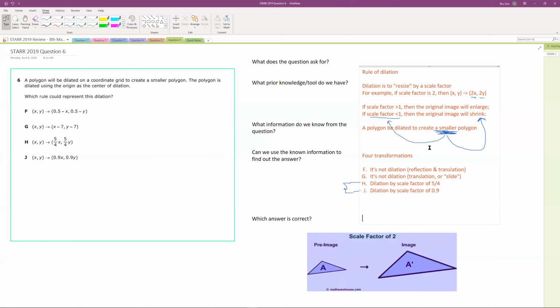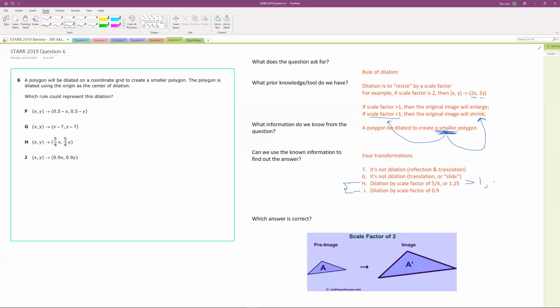Now we have two dilations, but which one do we choose? Think about this. The question tells us that a polygon, after dilation, will become a smaller polygon. So it's shrinking. That means the scale factor should be less than 1. Now, let's take a look. 5 over 4, or 5 divided by 4, equals 1.25. So 1.25 is greater than 1.